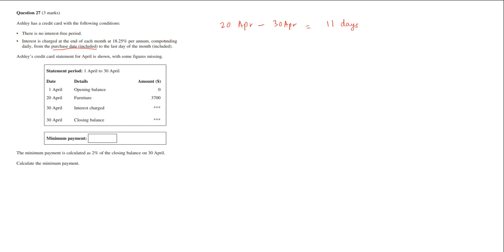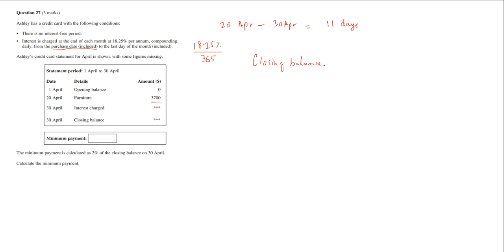And then interest is charged at this amount compounded daily. So what that means is that every day it's charged 18.25% divided by 365, assuming there are 365 days in a year. So this was the amount that was used. So to calculate the closing balance, actually, you're just going to use a compound interest formula.